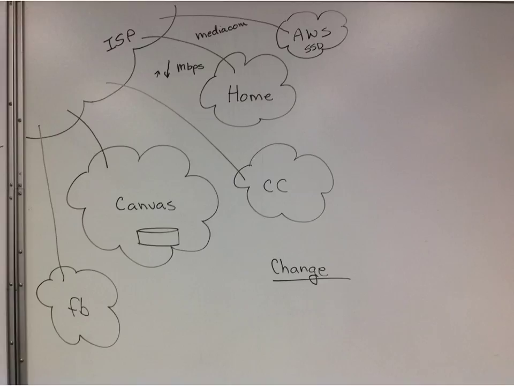So this is just a further example of what we talked about before. Canvas, they're in a cloud out on the internet. I talked about my connection from home. We come into the internet to our ISP, which is Mediacom. Amazon Web Services, they're rather big. They're also a data center.